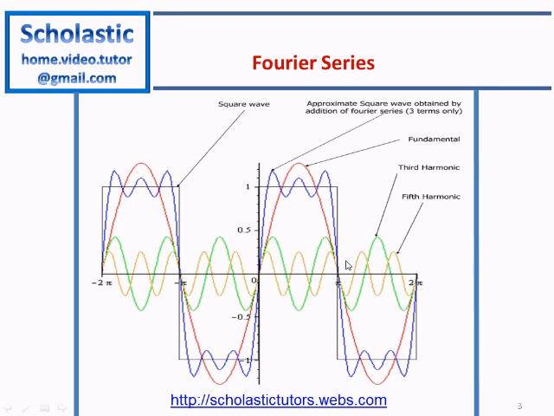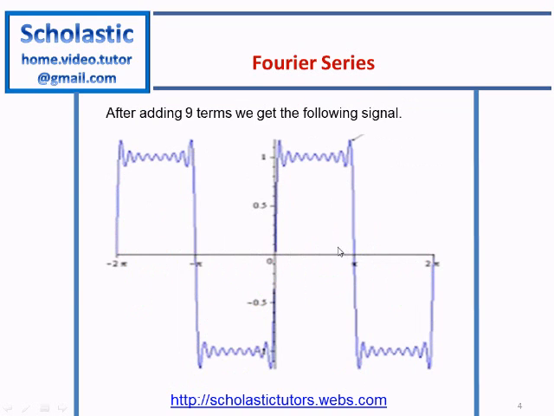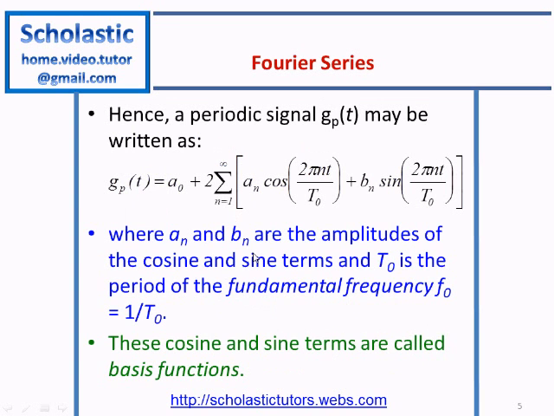Actually, we can add many more harmonics to come up with a signal which is closer to the original square waveform. So if you add up to 9 terms, we can get something like this, which is a bit closer to the original square waveform. So this is the pictorial view. Let's see the mathematics behind this.